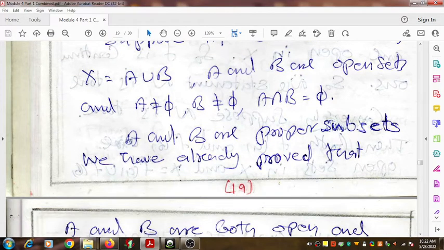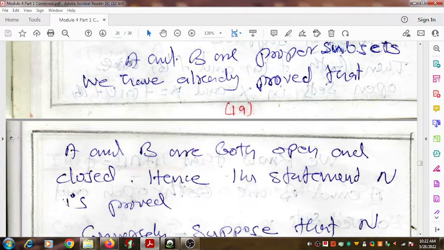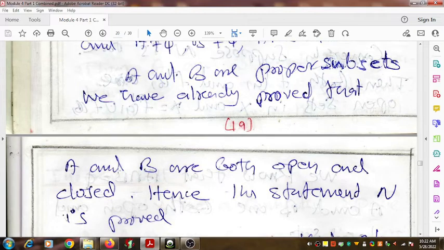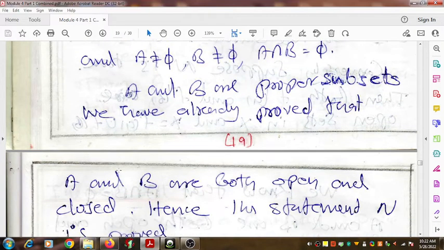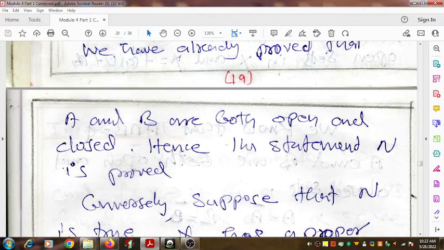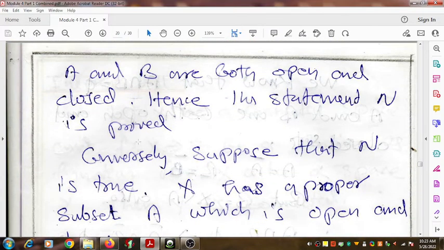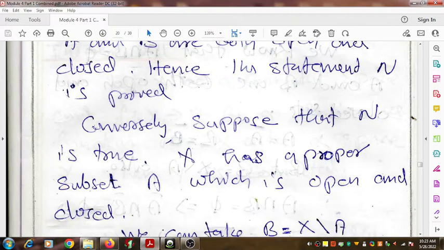Now A and B are proper subsets of X, and we have already shown that both A and B are both open and closed. By choosing one of these proper subsets A, we get that A is a proper subset and A is both open and closed.